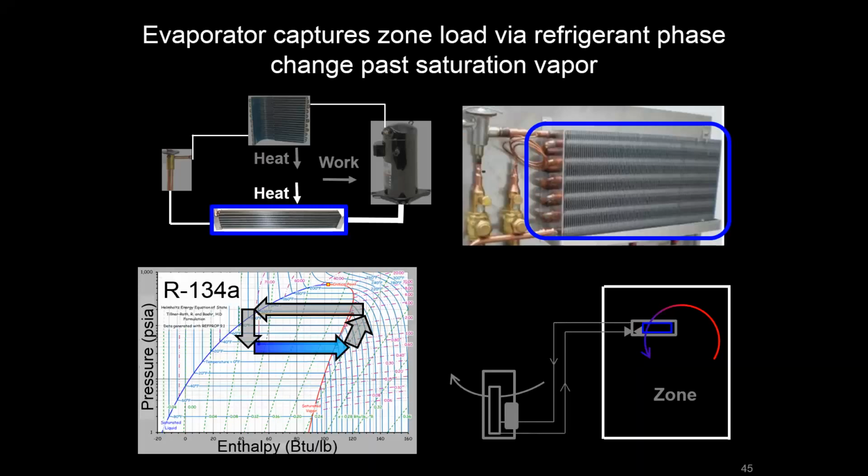But it's going to capture that zone load, and as it does that, it's going to boil or evaporate. And on the saturation chart here, you can see that it's at a constant pressure. It's leaving the vapor dome, and it's going into that vapor state.